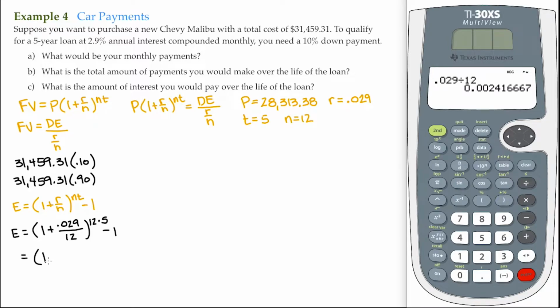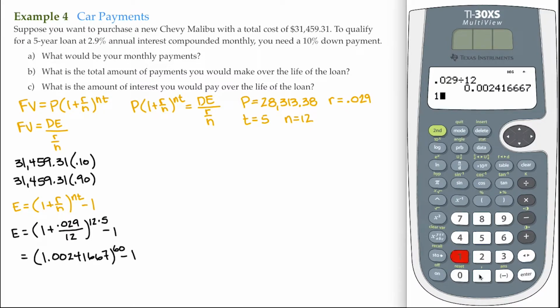So this is 1.002416667. 12 times 5, it's the 60th power, minus 1.